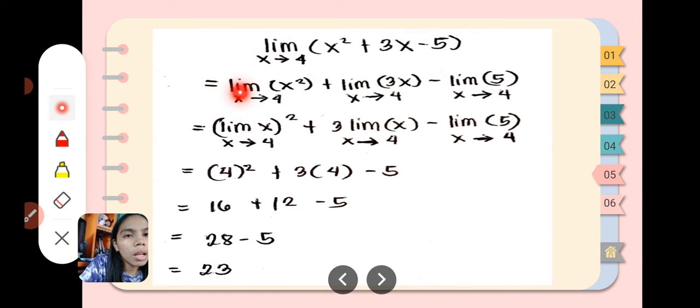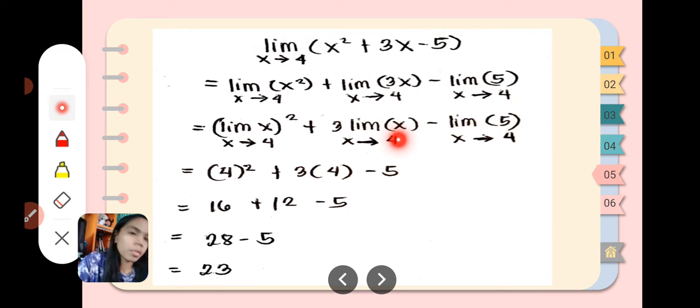So the limit of x squared plus the limit of 3x minus the limit of 5 as it approaches 4. And then we will be separating the constant from the function.